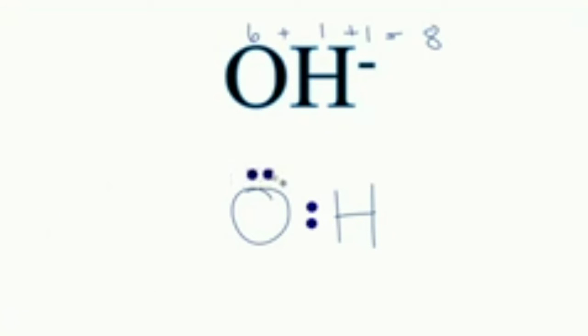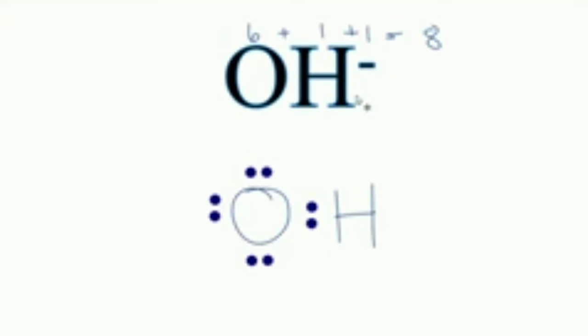For the oxygen, we'll put the rest around the oxygen. We have 2, 4, 6, and then 8. And now oxygen has 8 valence electrons, an octet, while sharing with the hydrogen. So the hydrogen has a full outer shell, and this is the Lewis structure for OH minus.